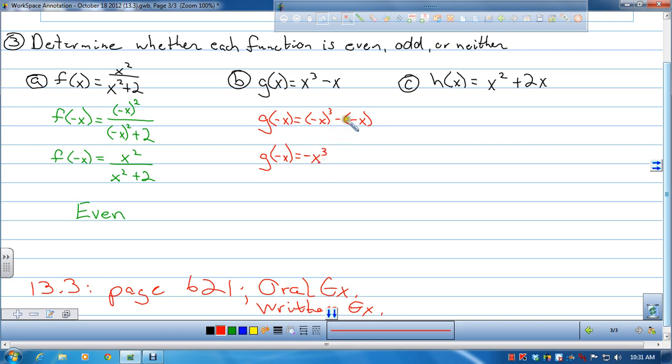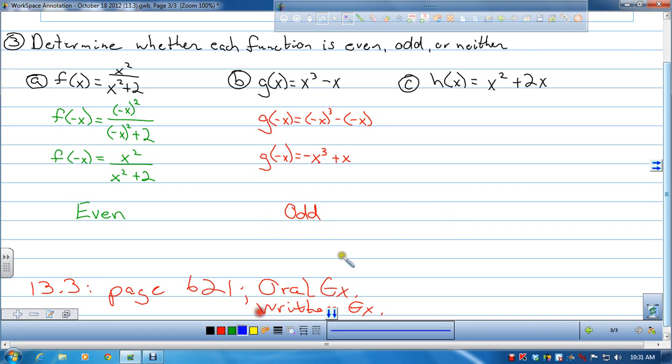Negative x cubed. And then when I subtract a negative x, I end up with a positive x. And you'll notice, do I have the same values I got up here? No, I have the opposite values. X cubed up here, negative x cubed down here. Negative x here, positive x here. If it results in something that is the opposite, remember that that is an odd function.